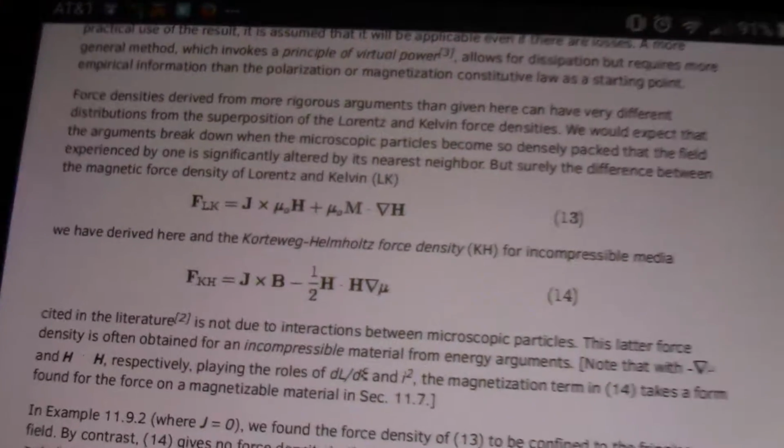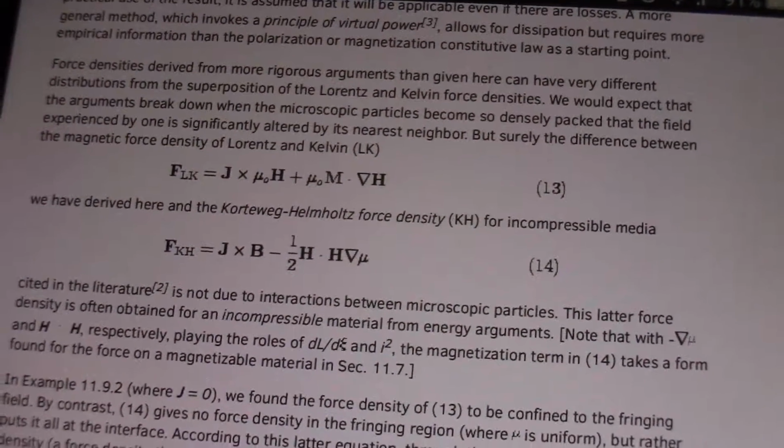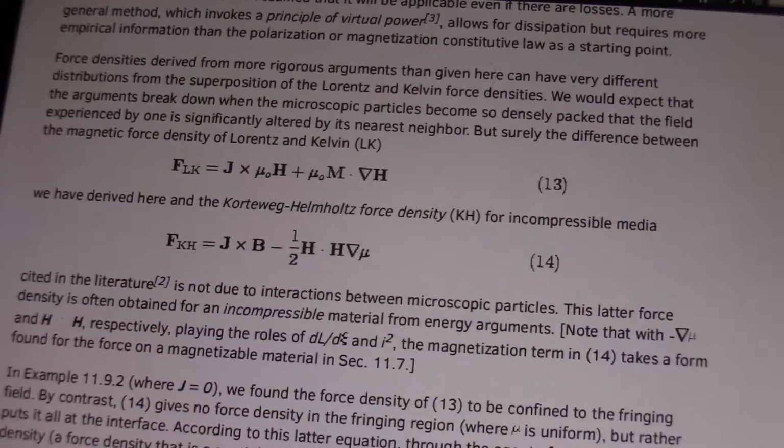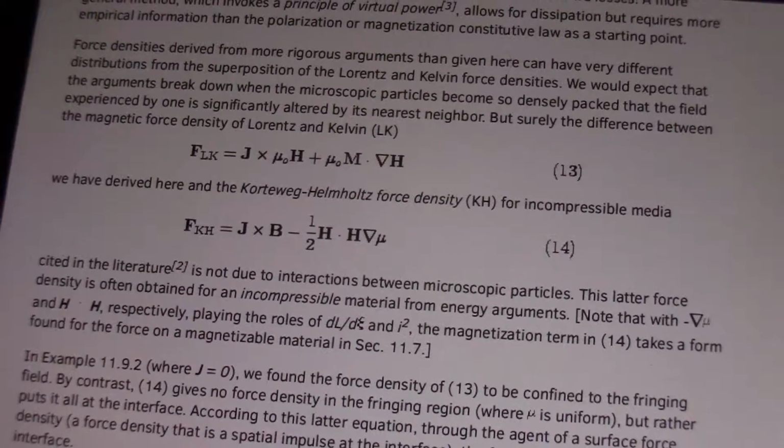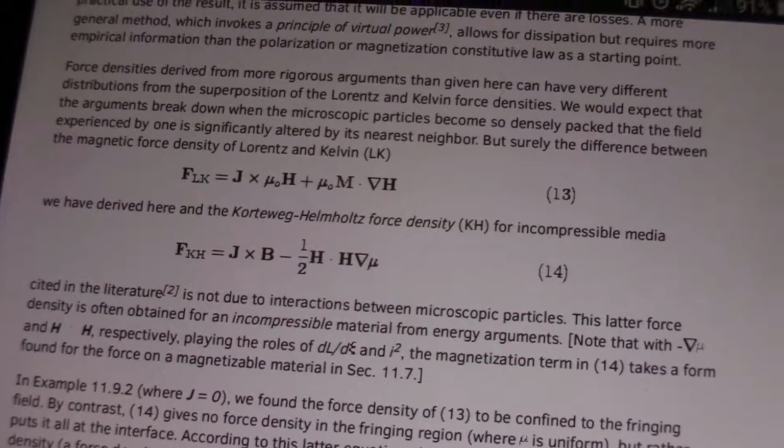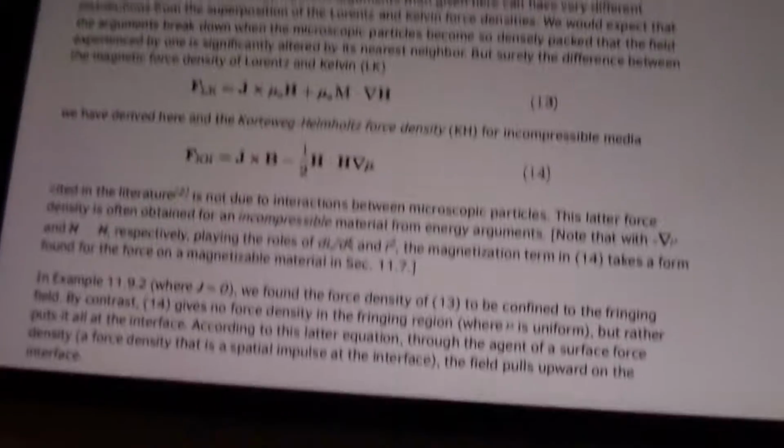So there it is, the Lorentz and Kelvin force densities.